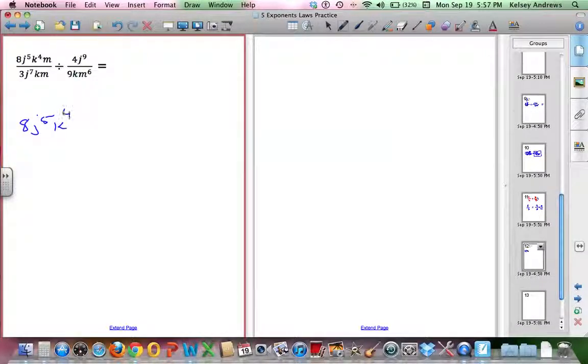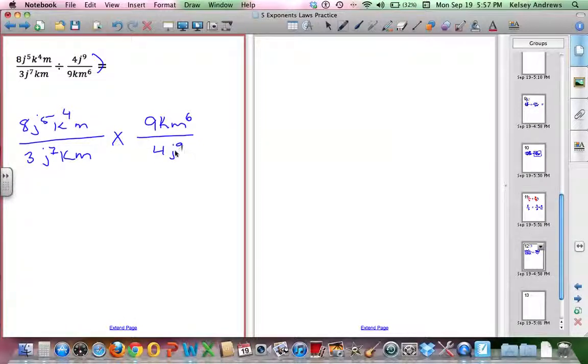We're going to rewrite the entire first fraction, keep it the same. Instead of division, we're going to do multiplication, and our reciprocal now is 9k m to the 6th over 4j to the 9th.